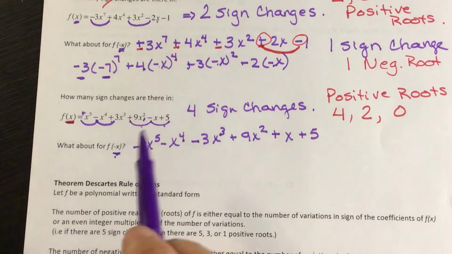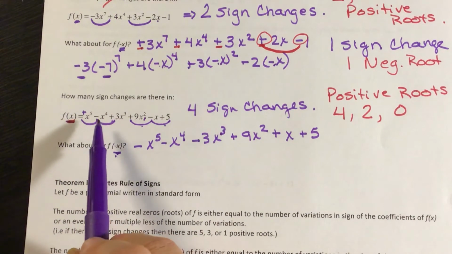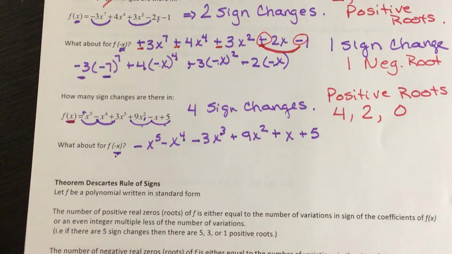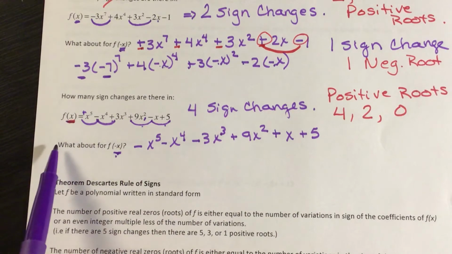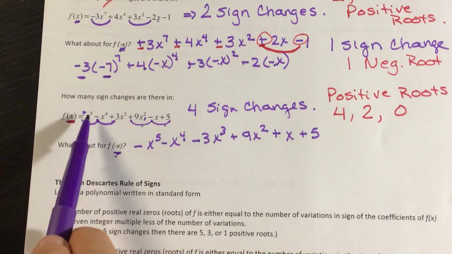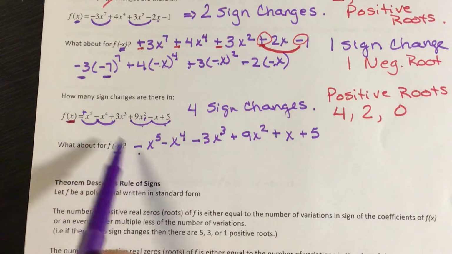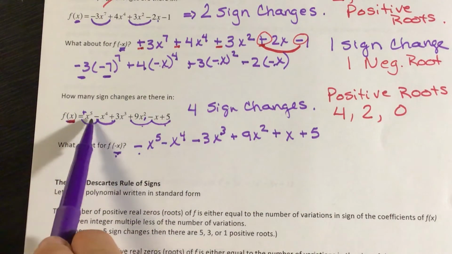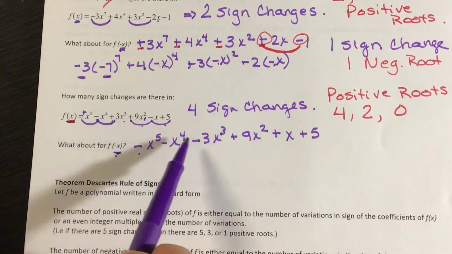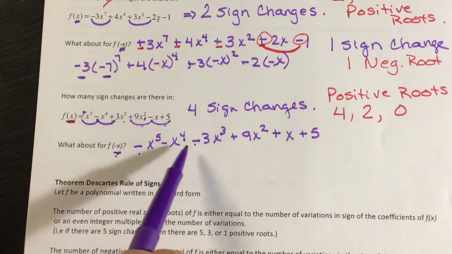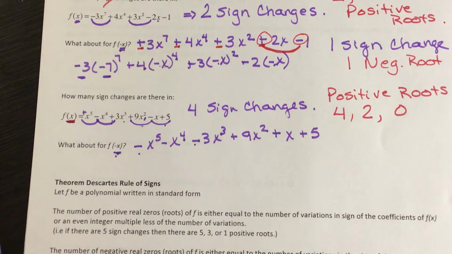So hopefully you are recognizing that if I have an even exponent, the sign stays the same. If I have an odd exponent, I'm going to change the sign. All right, so x to the 5th, we changed it from positive to negative. X to the 4th, it stayed the same. X to the 3rd power, that's an odd exponent, we changed the sign. So any odd exponent changes the sign out in front.